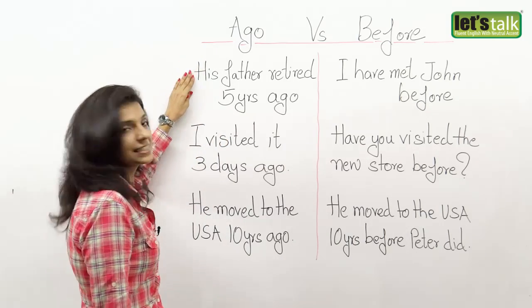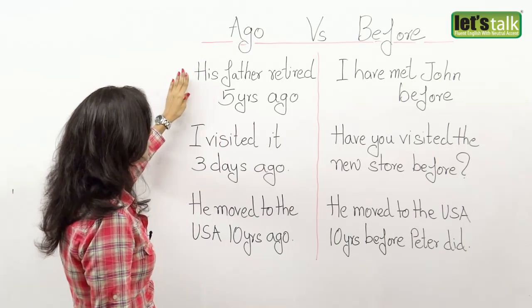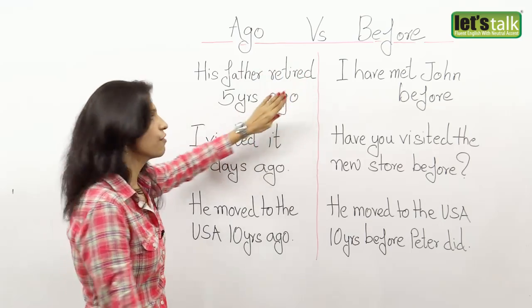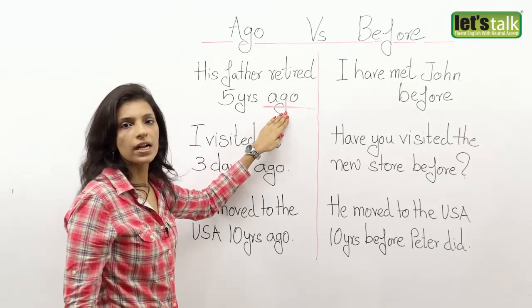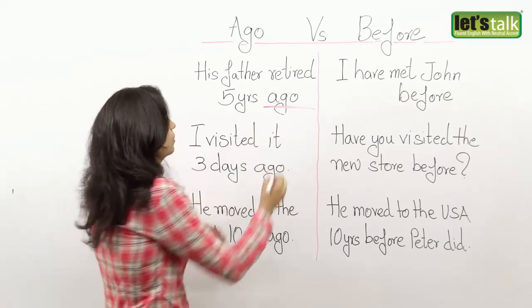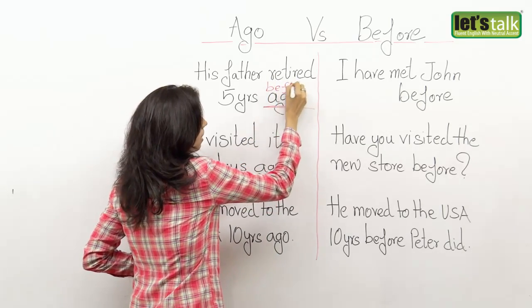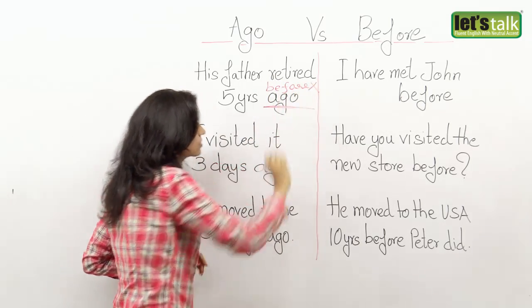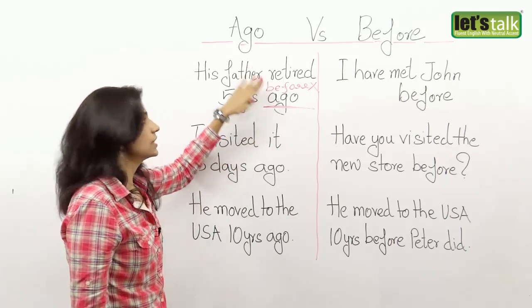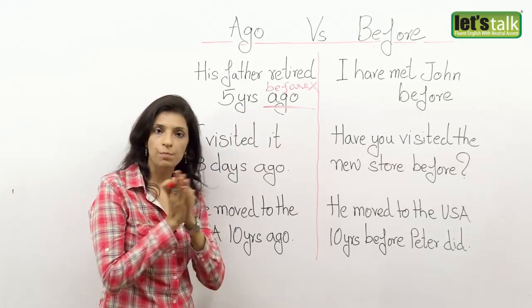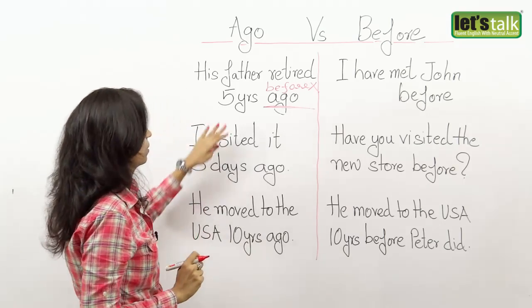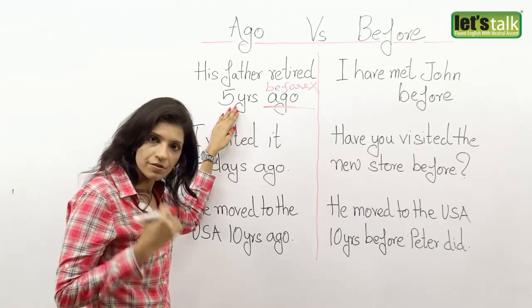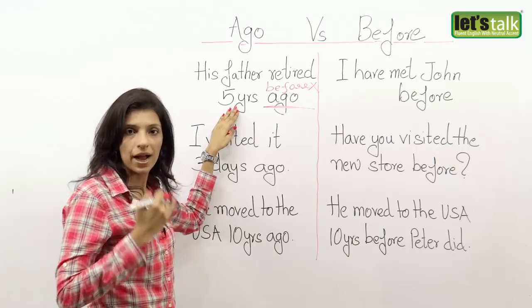Now in my first example here, I have: His father retired 5 years ago. Now a lot of people wonder, why can't we use before? Well, we do not use before here because ago is a word used when we talk about the past, something that happened at a particular time in the past. We start counting from the present moment and go backwards.